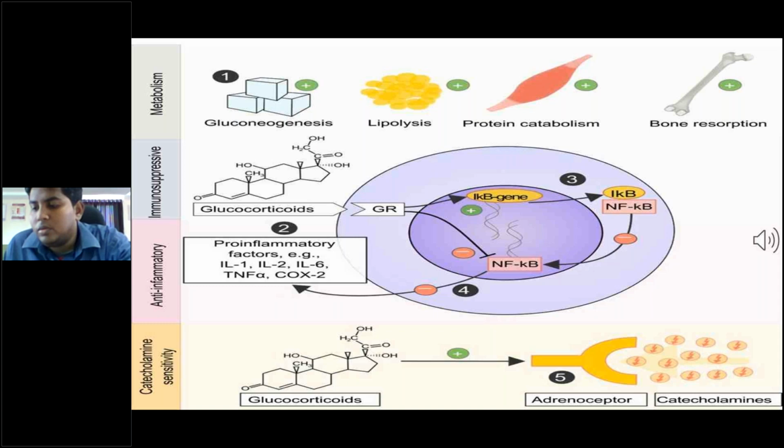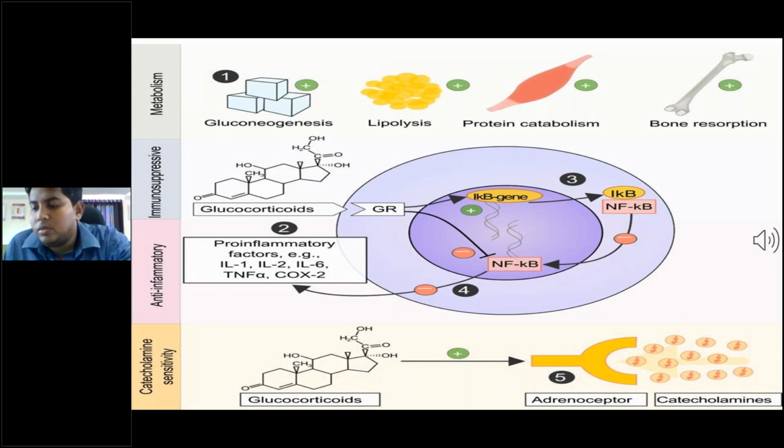So if you use exogenous steroids in high doses, there is glucocorticoid induced osteoporosis, a side effect because of its action on bone, leading to bone resorption. The other actions are mainly anti-inflammatory and immunosuppressive. These are the therapeutic effects.